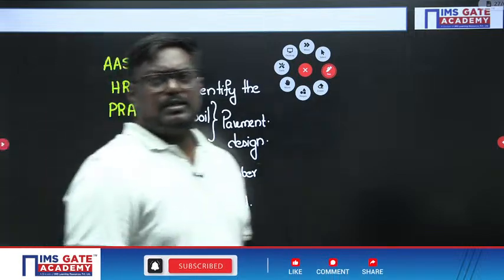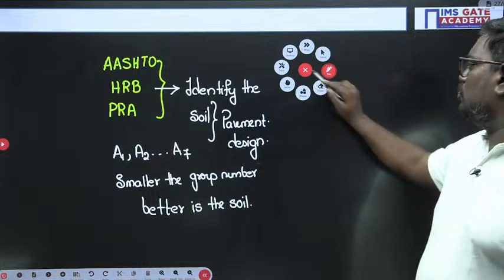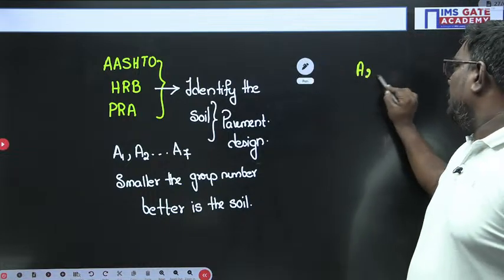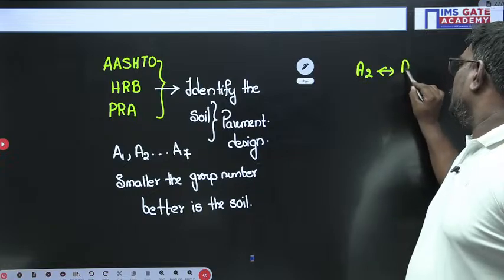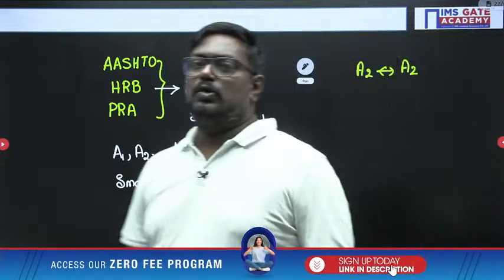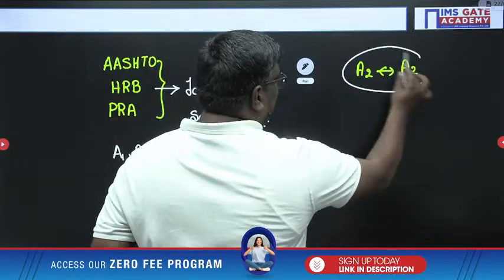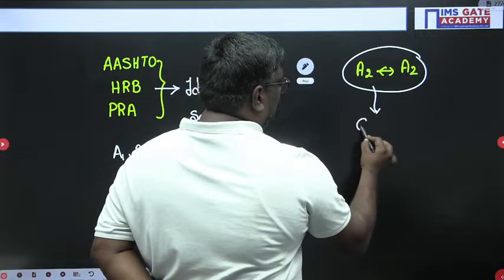Now see students, suppose you have 2 soils, and both are A2. In this case you want to identify which is the best soil. If both are the same, then comes a concept called group index.